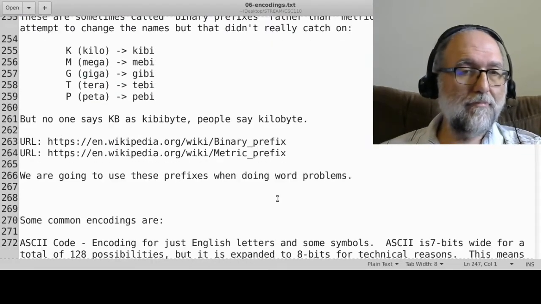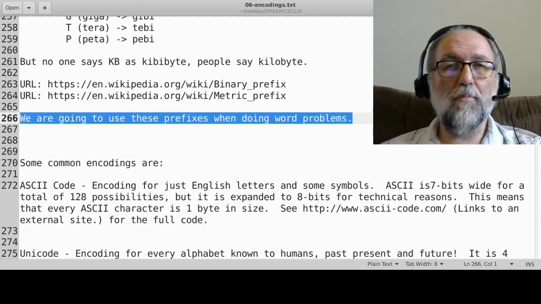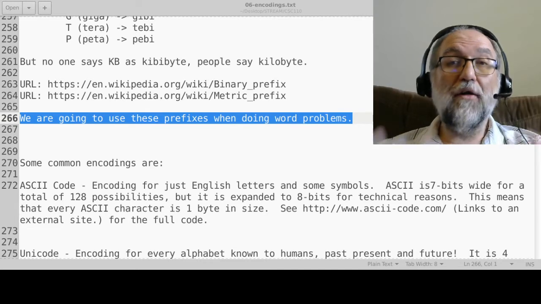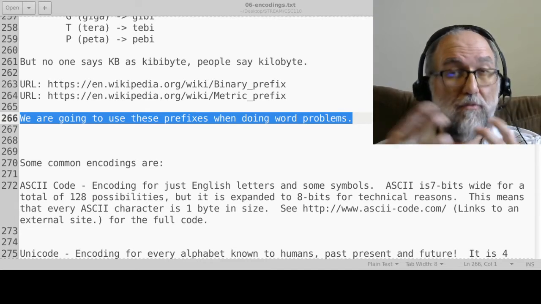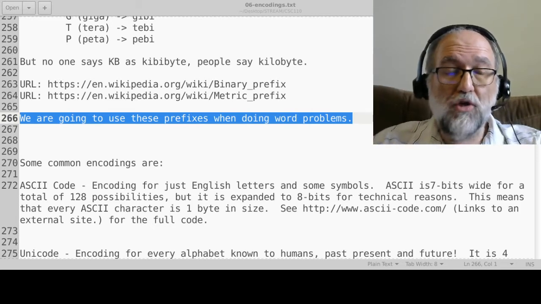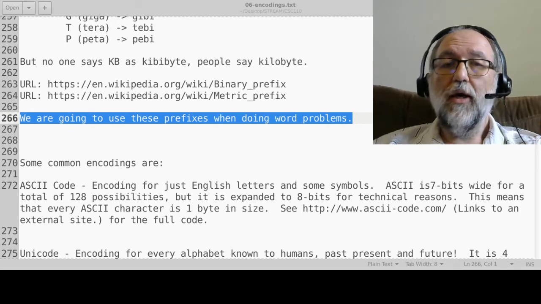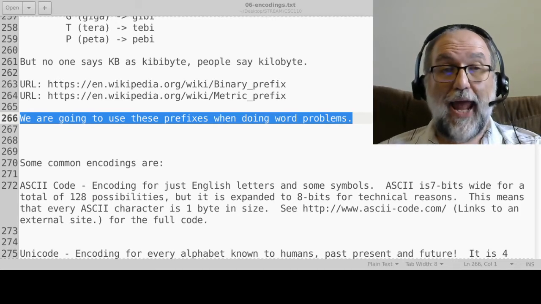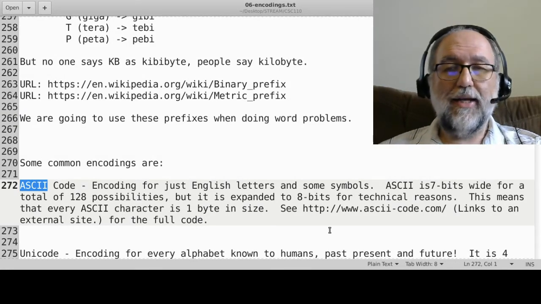Now, we're going to use these to do word problems, but I'll do that later. Now let me show you other encodings. What do I mean by that? We've looked at one. One encoding is how you render English text as a sequence of ones and zeros, and the answer was the ASCII code, technically the extended ASCII code.